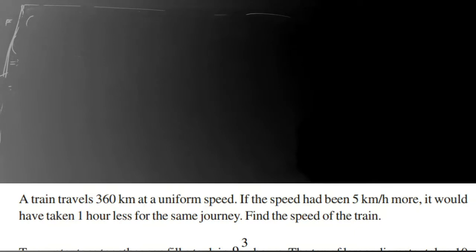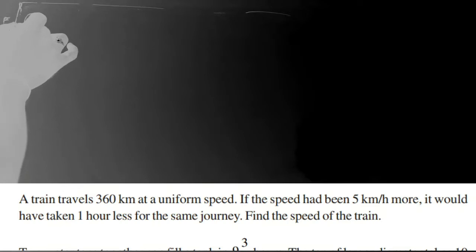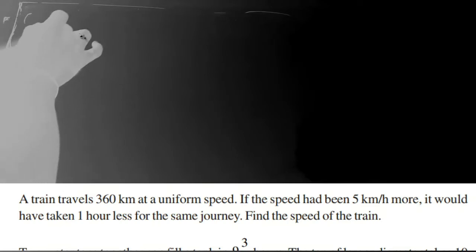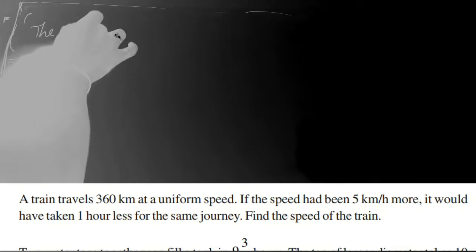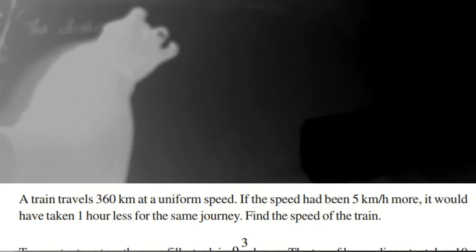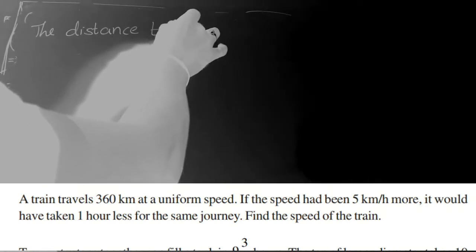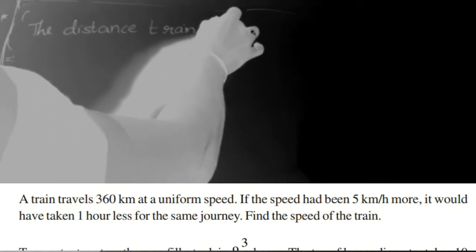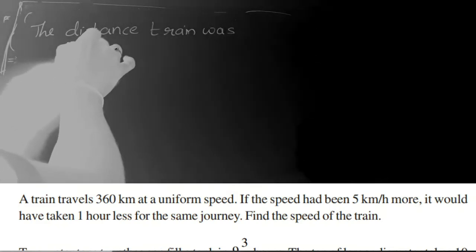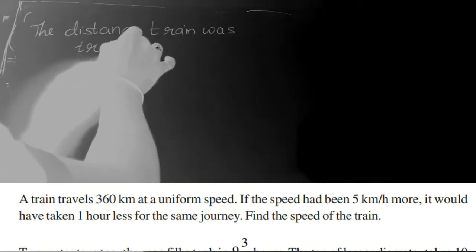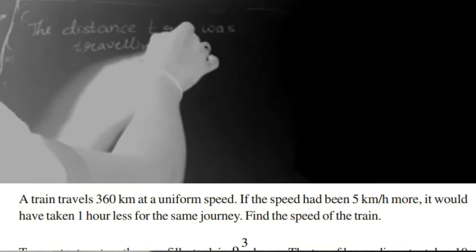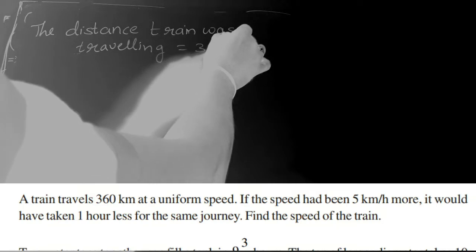So a train is traveling 360 kilometers. So the distance the train was traveling is nothing but 360 kilometers.